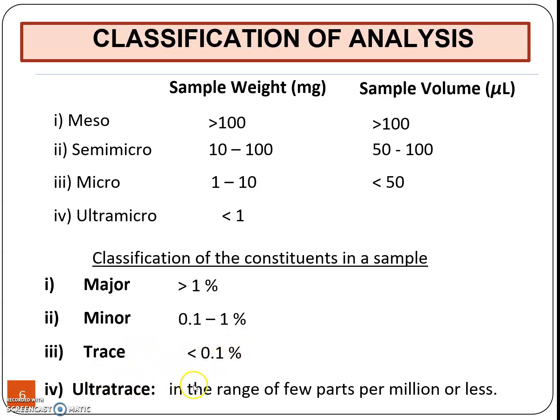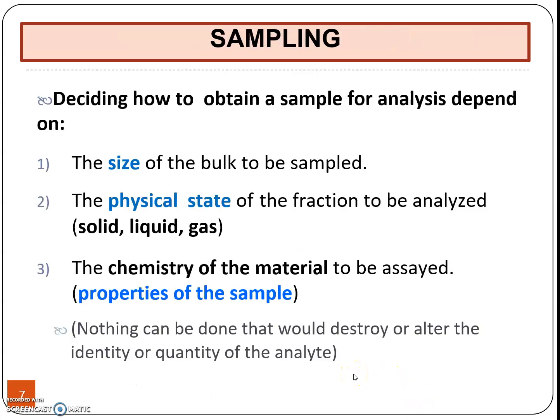Ultra trace is a very small concentration, in the range of parts per million or less. This one you learned in chapter 1, for concentration.